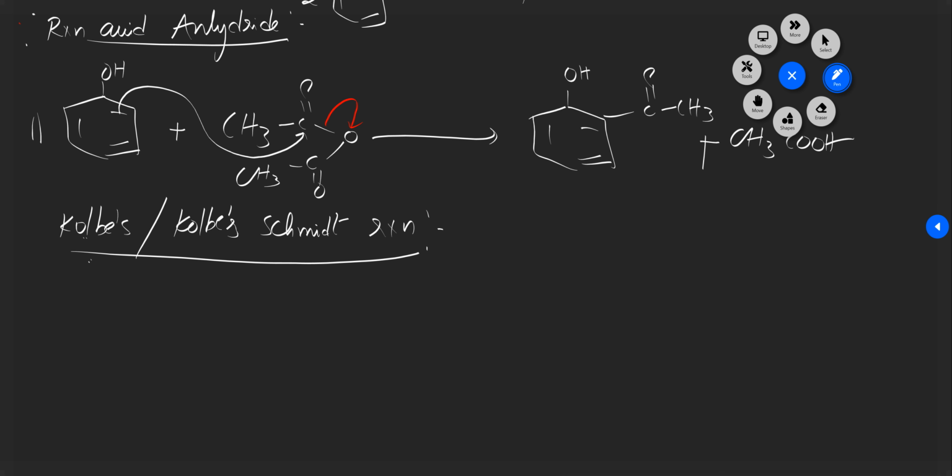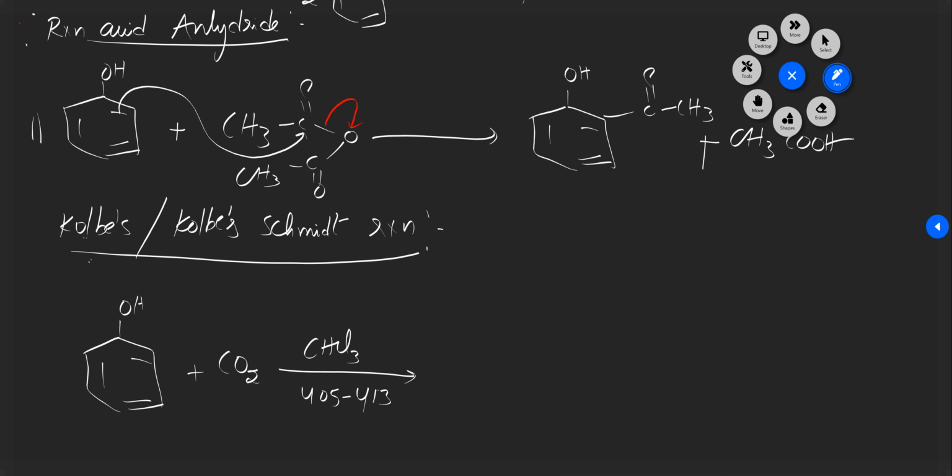The phenol reacts with carbon dioxide in the presence of chloroform CHCl3, and the temperature is 405 to 413, the pressure is 4 to 7 atm. Under these conditions, the phenol reacts with the CO2.